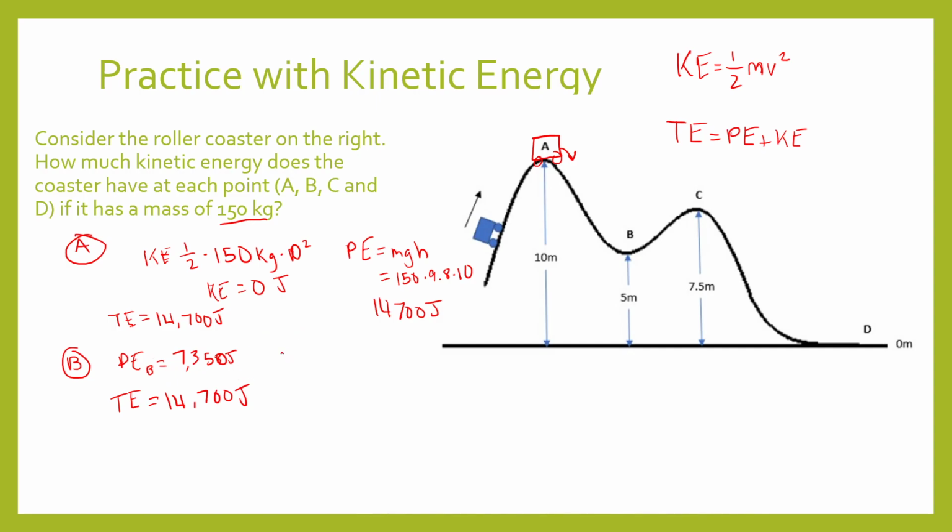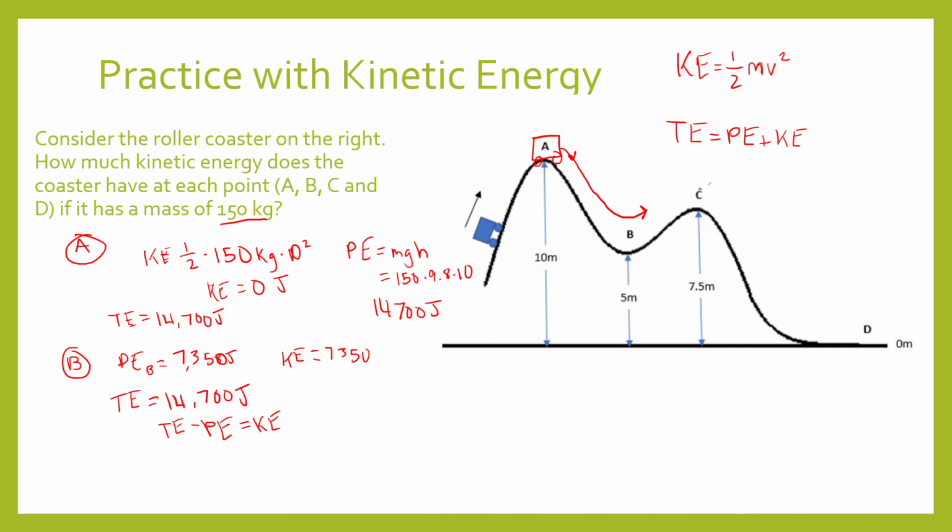And the answer is in the kinetic energy. Because at point B, the roller coaster is now moving. It's speeding up. It's gaining velocity. So it has kinetic energy. The kinetic energy would be 7,350. I figured that out by taking the total energy minus the potential energy to get my kinetic energy.